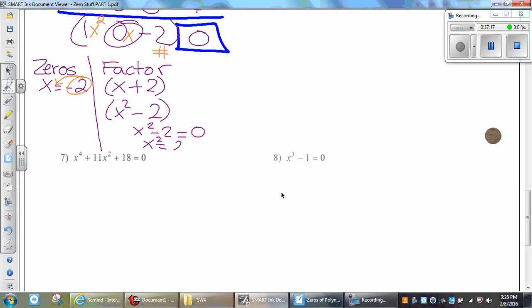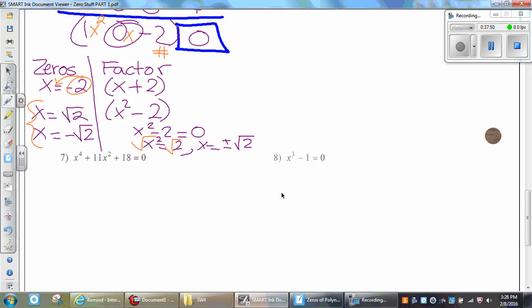So x squared equals positive 2, and then how do we undo a square? Square root. So x could be the positive square root of 2, or the negative square root of 2. Remember, here the answer will be x equals plus or minus the square root of 2. We could also say that irrational zeros, such as the square root of 2, will also come in pairs, just like imaginary ones.